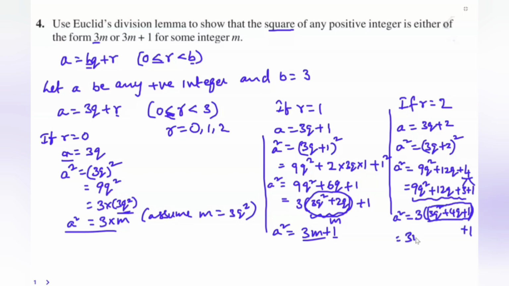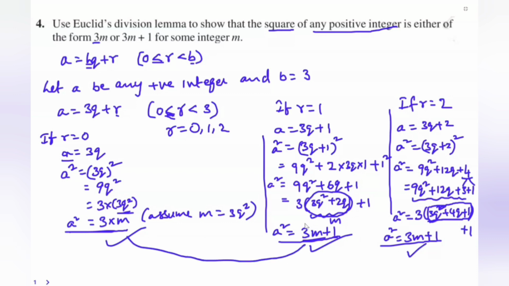Here the integer m is 3q square plus 4q plus 1. So here also a square is equal to 3m plus 1. So we proved that the square of any positive integer is of the form either 3m or 3m plus 1.